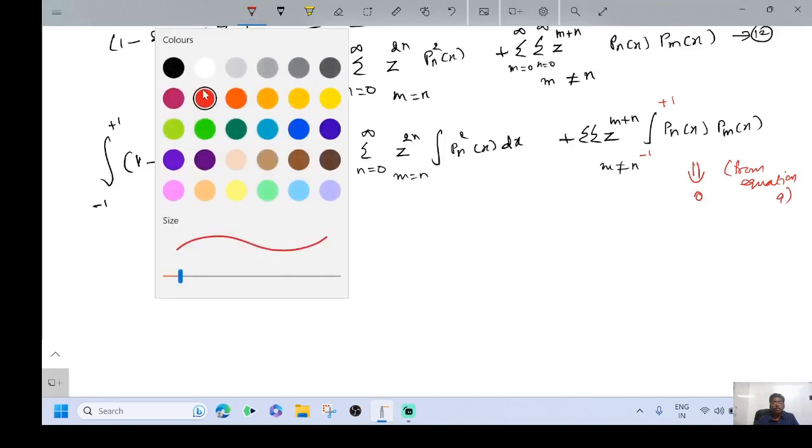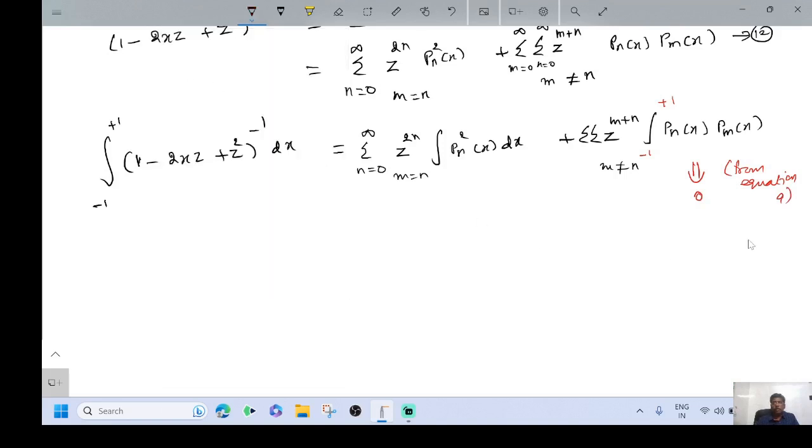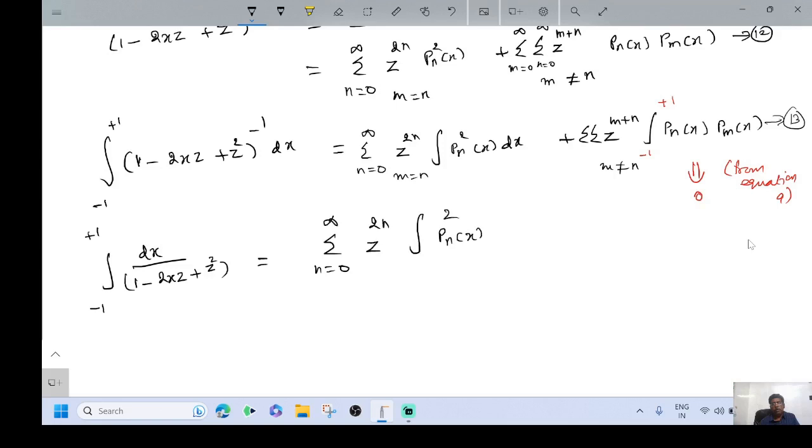Therefore, the above equation 13 is modified as the integral of dx divided by 1 minus 2xz plus z square, from minus 1 to plus 1, which is equal to the sum over n equal to 0 to infinity of z power 2n into the integral of pn square of x into dx, from minus 1 to plus 1.